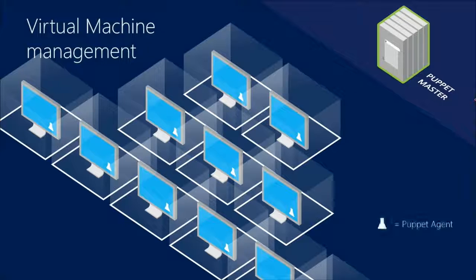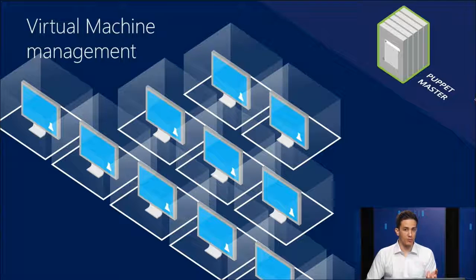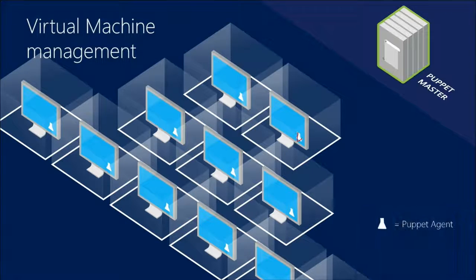Now, once you go and fire up a number of VMs, Microsoft has now, we announced at Build, native integration with Chef and Puppet agents. So if you wanted to deploy a VM, it's like a checkbox or a switch on the deployment to say, yes, include the Puppet or the Chef agent on those VMs. So here you can see that little icon that means that's the Puppet agent on each single VM.